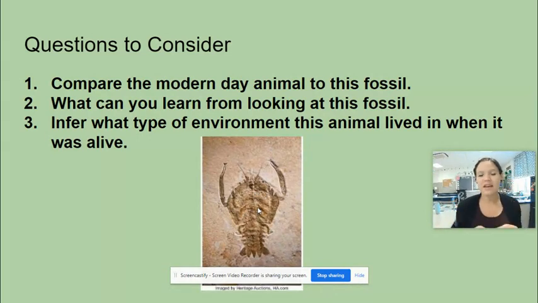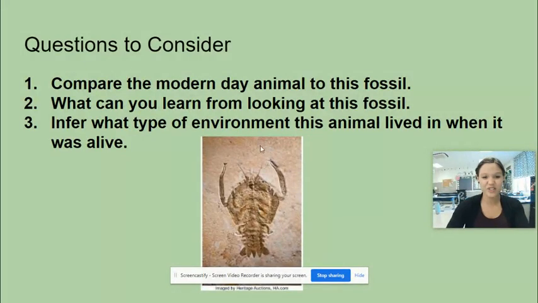So I'm going to think, okay, this creature that lived thousands or millions of years ago is probably an ancient relative of a lobster or a crab. So maybe a prehistoric crab, prehistoric lobster is what I'm going to say that this probably is.